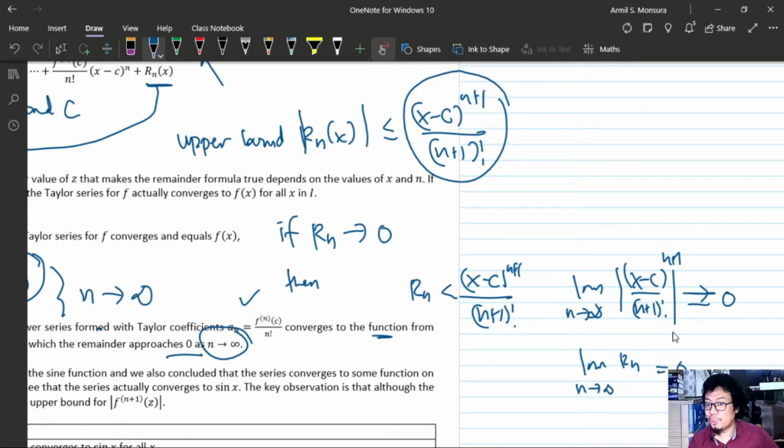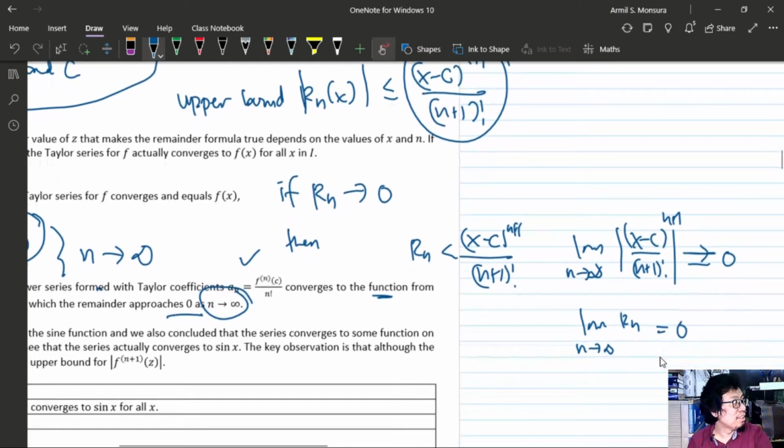Oh, sorry, this is by the squeeze theorem, not sandwich. So by the squeeze theorem, we can say that your remainder would approach 0 if its upper bound also approaches 0.